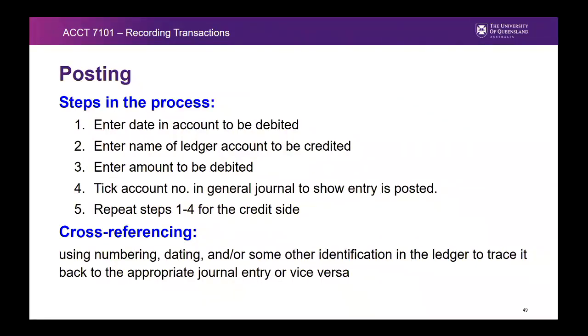We'll post the information on the credit side to that account on its credit side. So we post the information from our journals into the ledgers. And we pay attention, of course, to whether it is a debit or a credit, how much it was, and of course which account. And we do this for every journal entry.